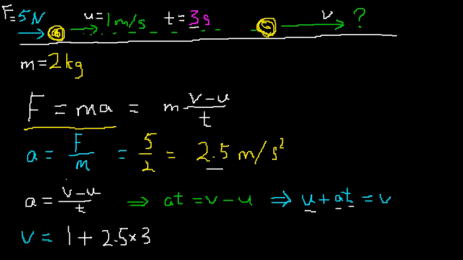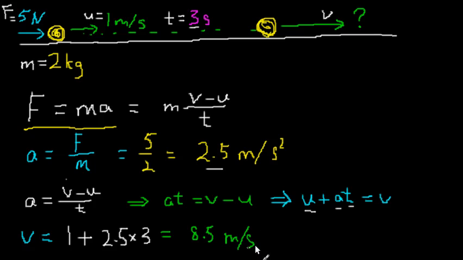We have all the numbers now, and we can calculate this. So 1 plus 2.5 times 3. 2.5 times 3 is 7.5, plus 1 is 8.5. So that is the final velocity, and the units would be meters per second. So that's the final answer.